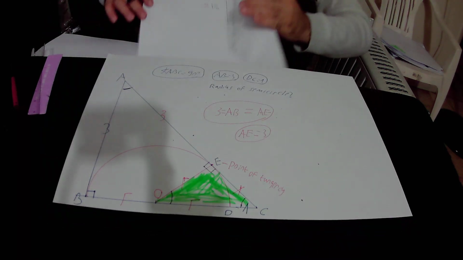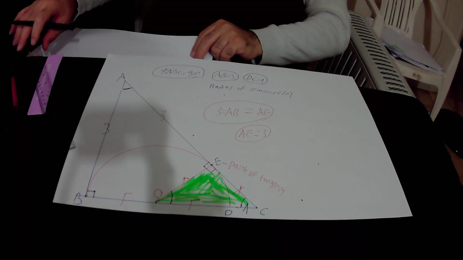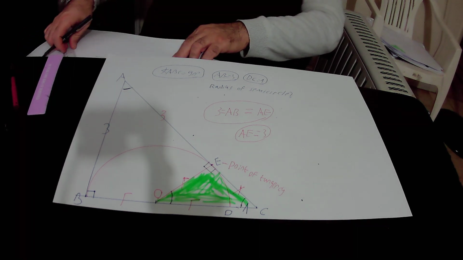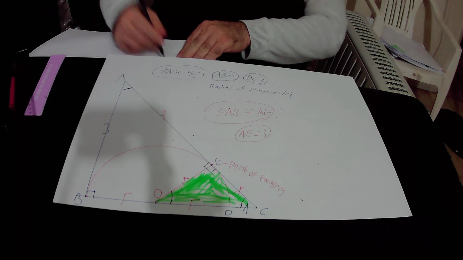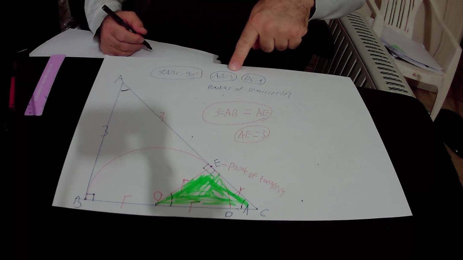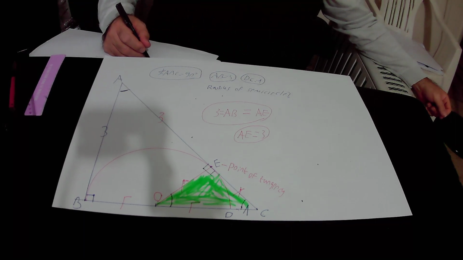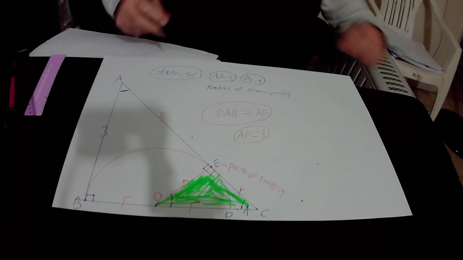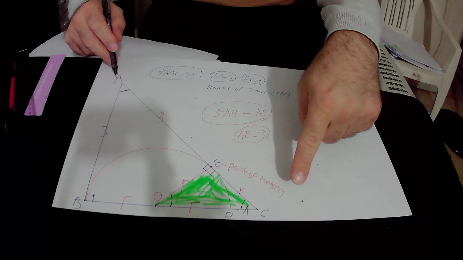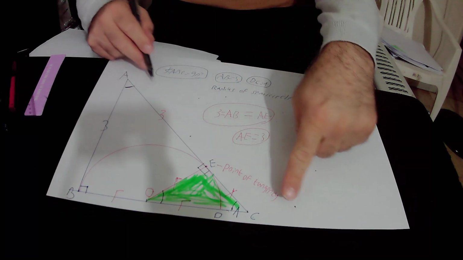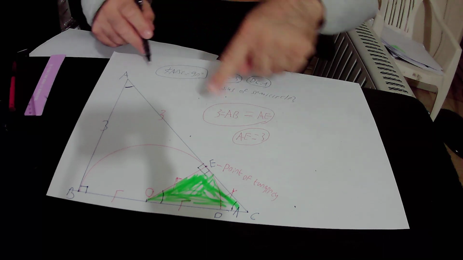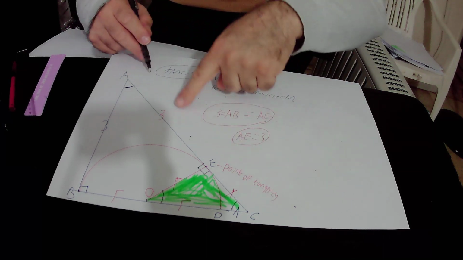Okay, and what is the value of AB? It is given in the question that AB equals 3 units. And what is the length of AC? From the drawing, we can see that AC equals 3 plus x.